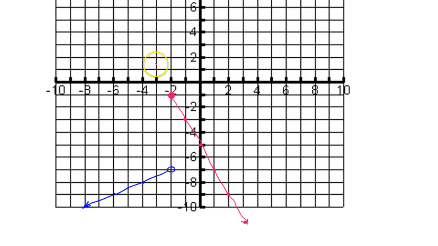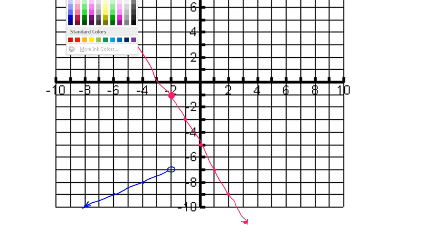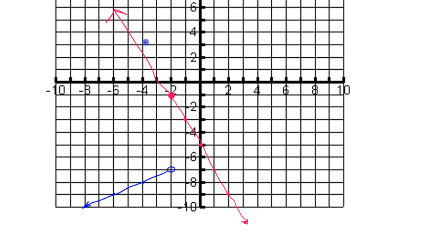Because oftentimes I will have a student that draws a line in the wrong direction. So say if I drew my pink line going to the left instead of to the right. Well, right away, if you're paying attention to whether or not that's a function, you're going to see that that's a fail. That fails the vertical line test, because the vertical line would hit that twice.